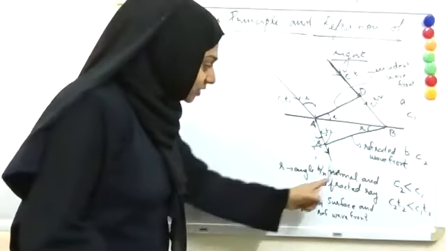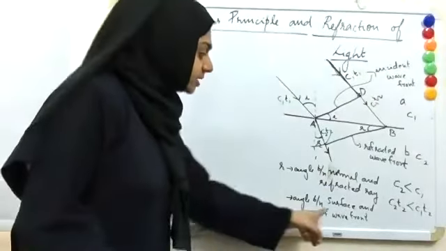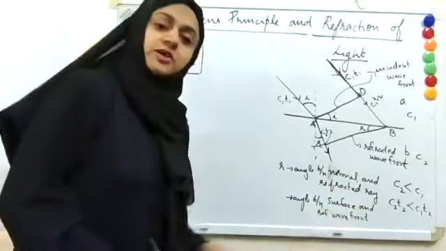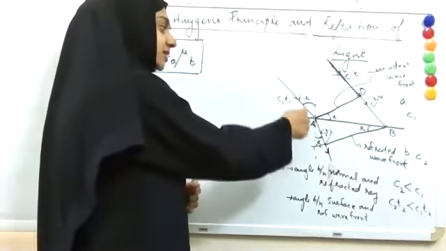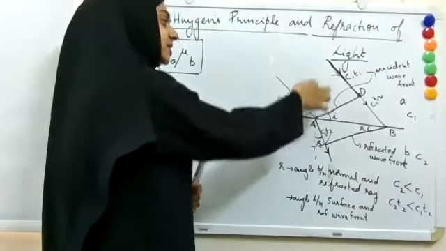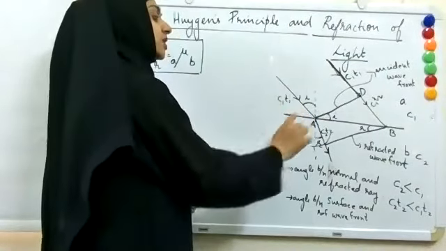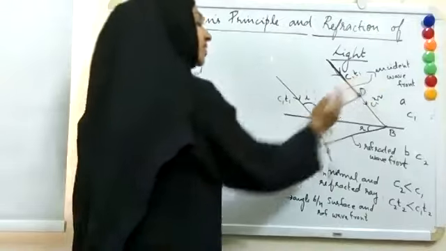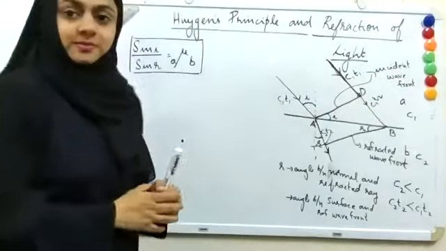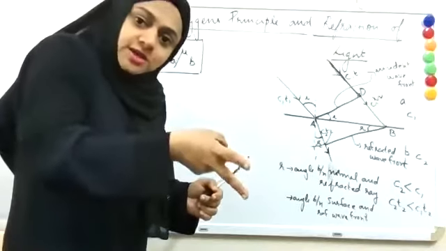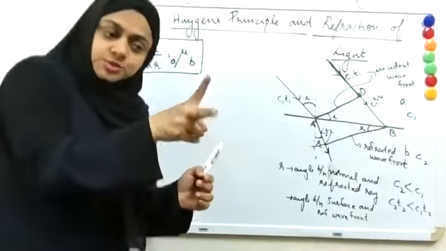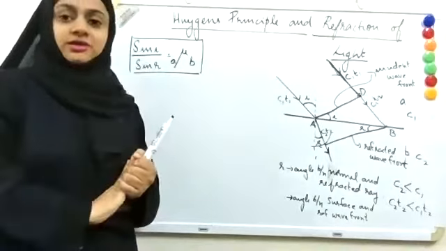So the angle between normal and refracted ray should be the same as that between surface and wavefront. The same way we consider here: the angle between incident ray and normal is equal to the angle between incident wavefront and surface. They are perpendicular, which means we are rotating the whole arrangement through 90 degrees. That's the only difference.